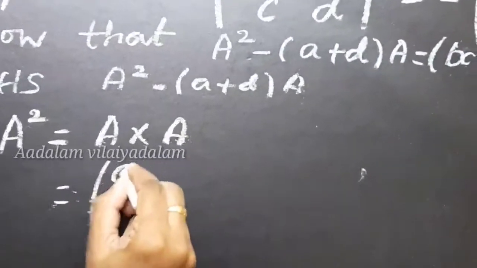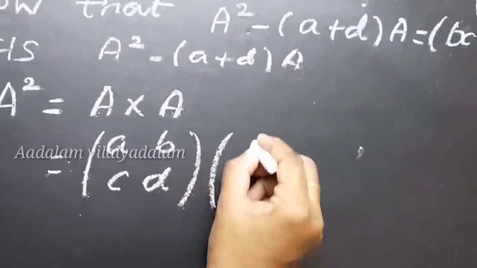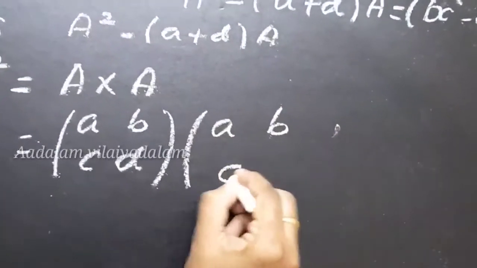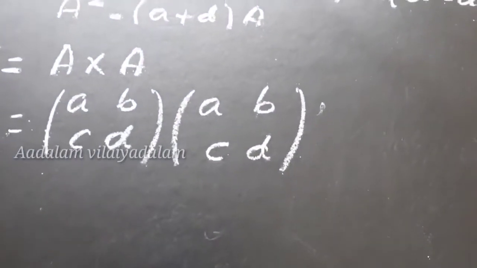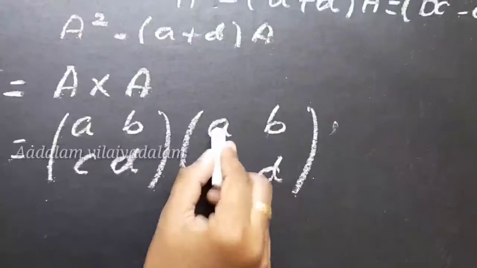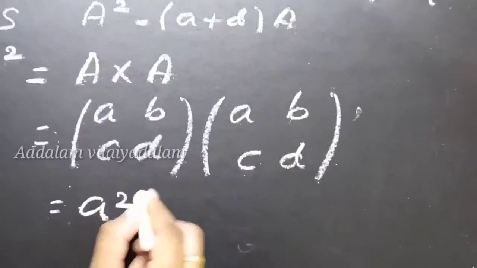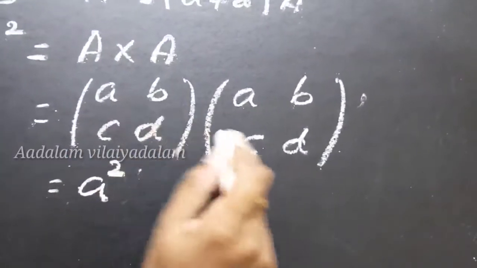So A value is a, b, c, d. So again the A value a, b, c, d. Multiplication here. This is the first row, first column: a into a, a square, plus b into c, bc.